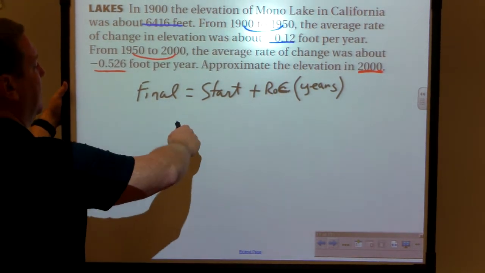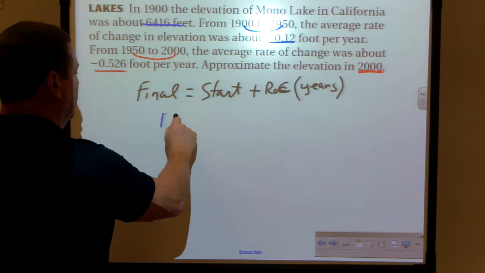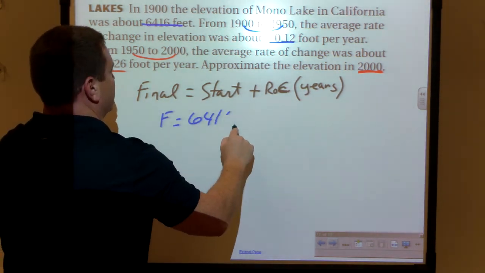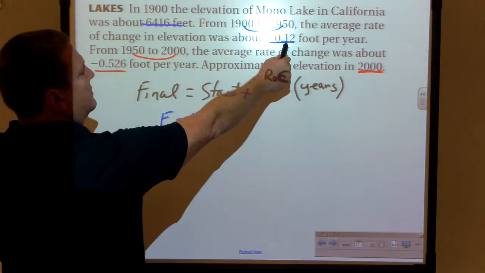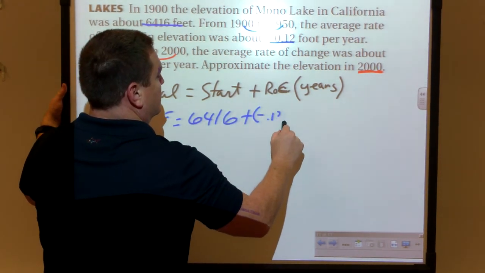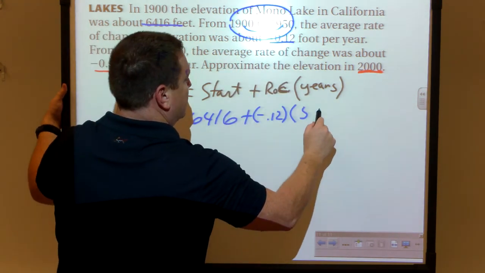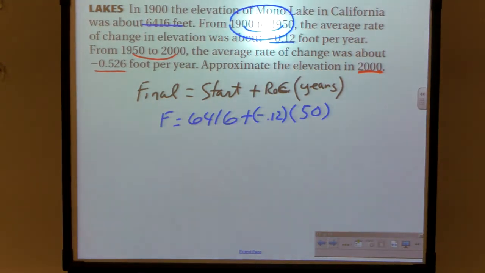Our final elevation, we can't put in there yet, but we do have a starting elevation of 6416, and the first rate of change, for the first 50 years, was a negative 0.12, and that was occurring for 50 years, so times 50. I'm just going to use a little 4-function calculator. You don't need much.